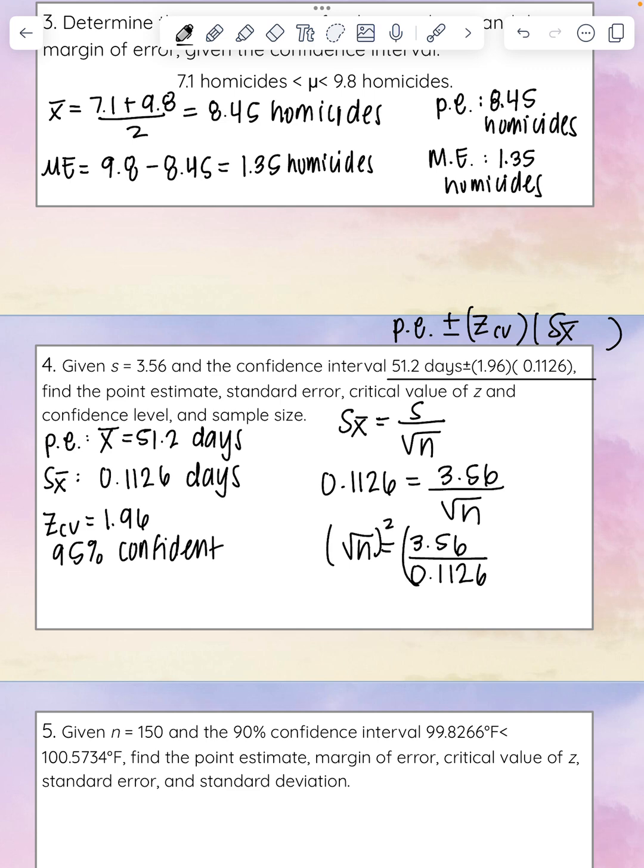Then I would just square that value to solve for n. And I got 999.59. Because that's a sample size, it has to be a whole number, so I would round that to 1,000 cases.